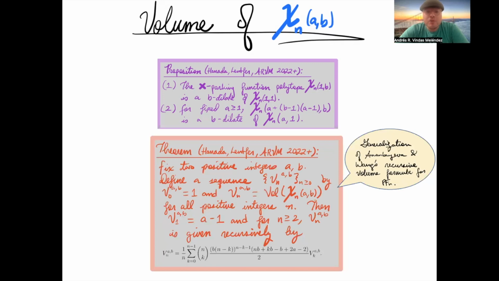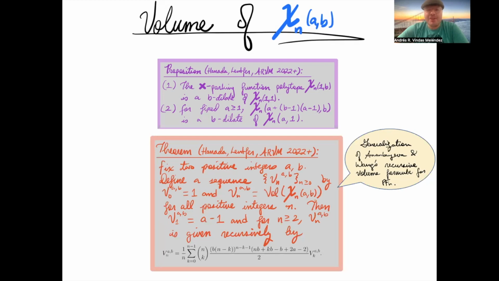So we are able to give a recursive formula for the volume of this polytope. This is a generalization of the recursive formula that Amanbayeva and Wang give in their paper for the classical parking polytope.